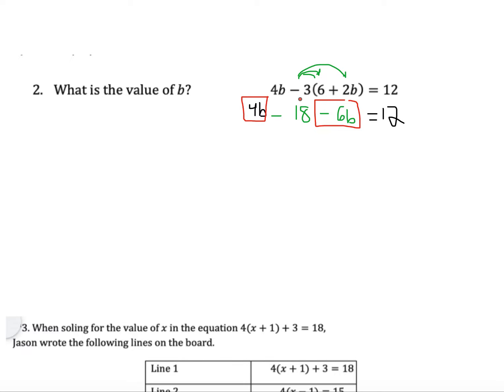I noticed that we have combined like terms of -6b and 4b. So what is 4b minus 6b? And we subtract again -18. So 4b minus 6b is -2b. And if I was to add 18 to both sides right here, I'd get 30.